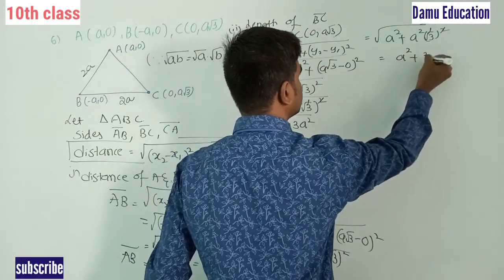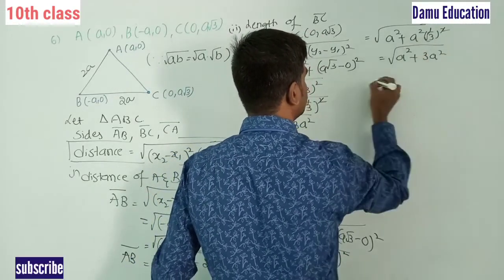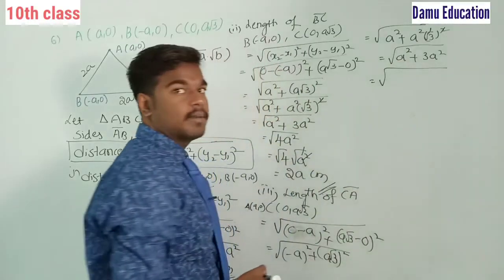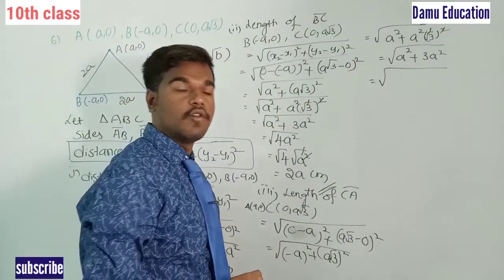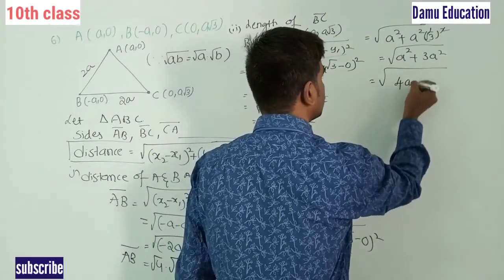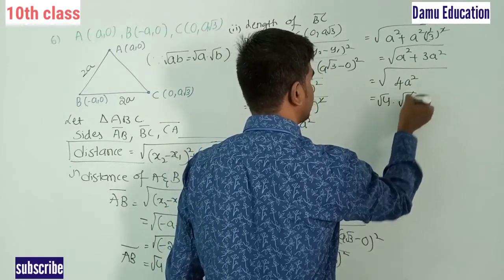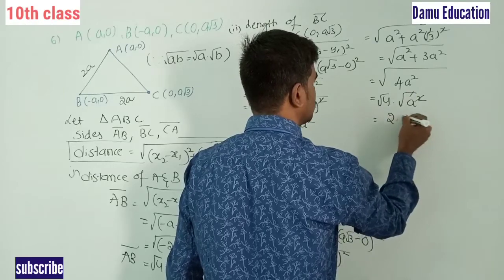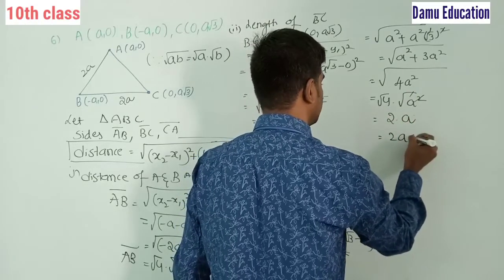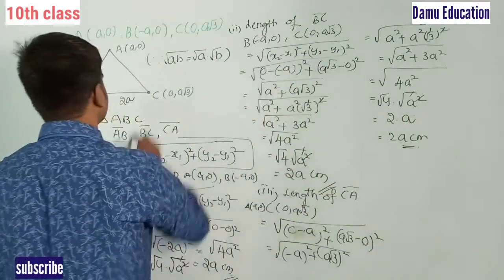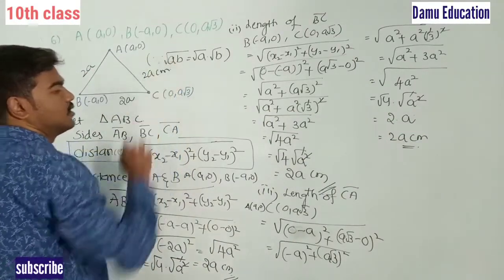Here a square plus 3a square, keep it as it is. A square plus 3a square is nothing but 4a square. Then again divide the square root of 4 into the square root of a square, since the formula, that is 2a centimeters. So this is also 2a centimeters.